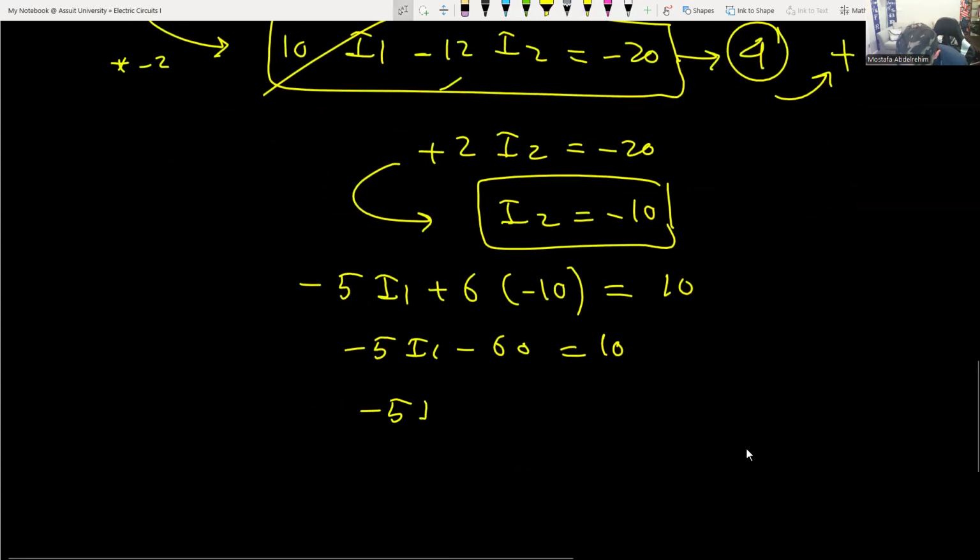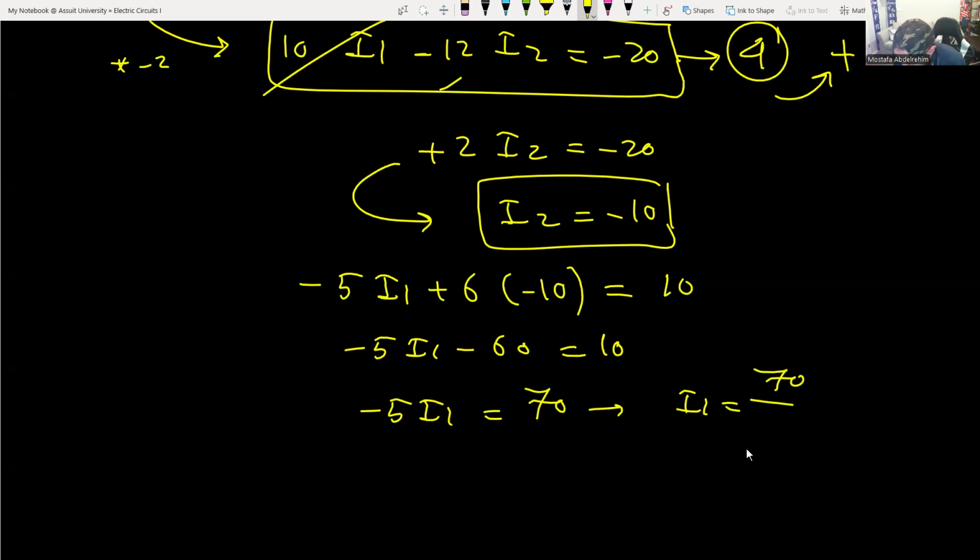So minus 5 I1 equal to 70. So from that, I1 will be equal to 70 divided by minus 5. This is actually minus 14 amperes. So I1 is equal to minus 14.